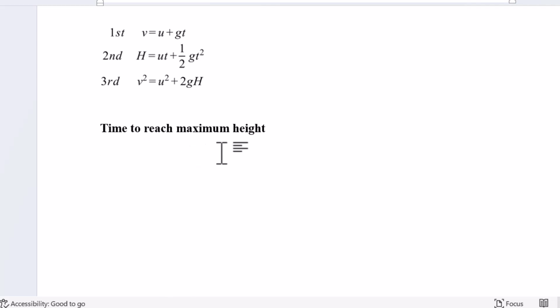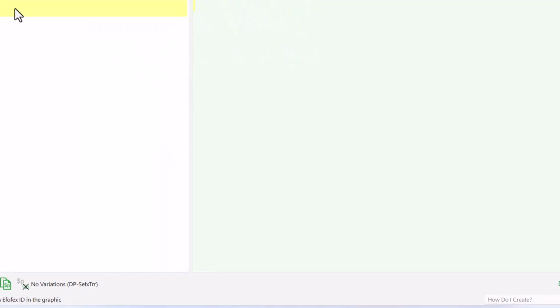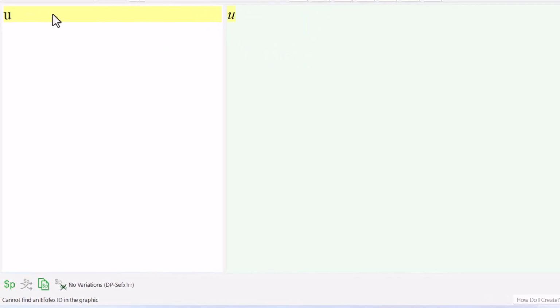So time to reach maximum height. Before I start, I need to state my vertical component velocity. All I need to do is to write vertical component velocity. Let me remove the boldness. Vertical velocity will be what? Let me use this. So it's going to be u sine theta.